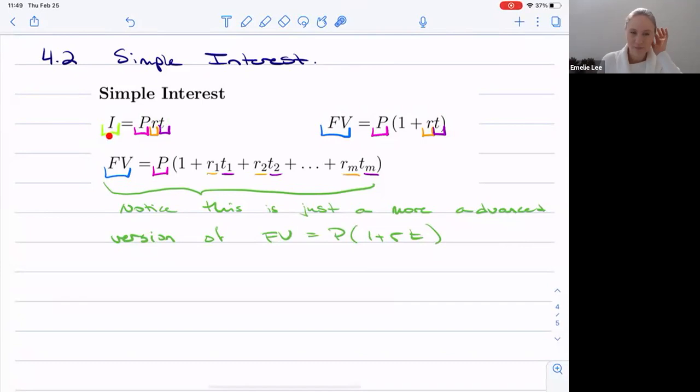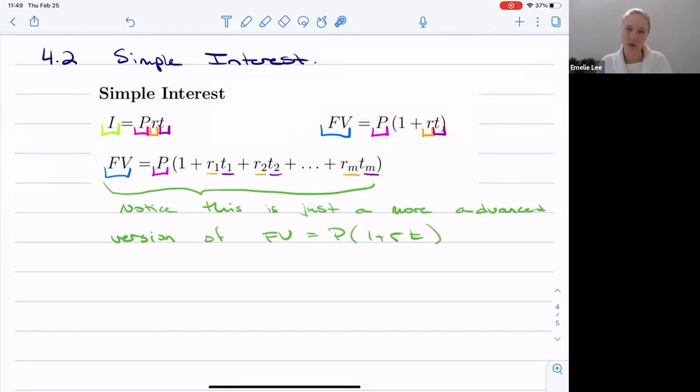Capital I is the amount of interest that we've earned, so this is going to be a dollar amount. P, we already established, is the principal amount that I've invested. For some reason, for simple interest, we call it the principal amount, and as soon as we move to compound interest, we call it PV, the present value.